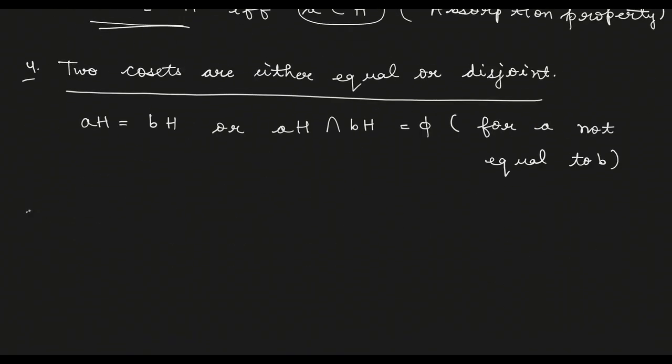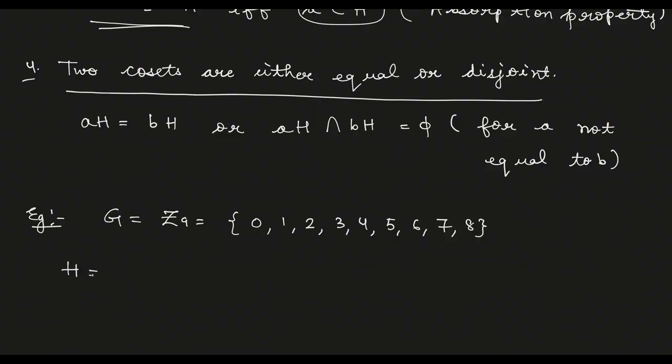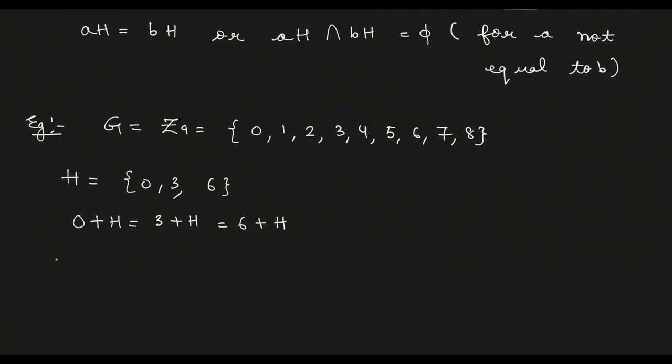For example, if I take group G as Z9, which contains 0, 1, 2, 3, 4, 5, 6, 7, 8, and subgroup H as 0, 3, 6. We have already seen that 0 plus H is equal to 3 plus H is equal to 6 plus H. Now I want to find 1 plus H. So it will be 1, 4, 7.